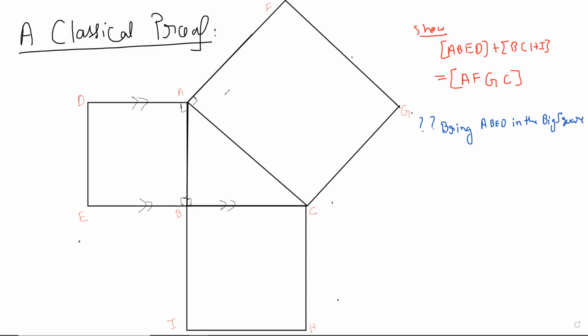So we have to slowly shift the ABED to AFGC. Now maybe we don't see a direct way to do it. One can just say it directly also, but we can slowly take parts of it.